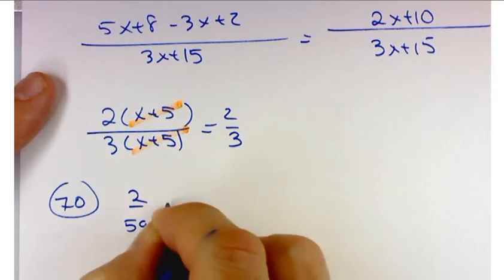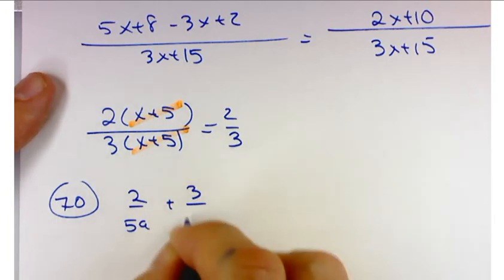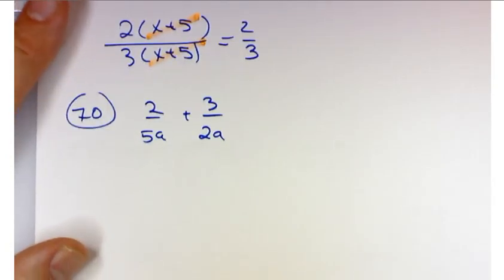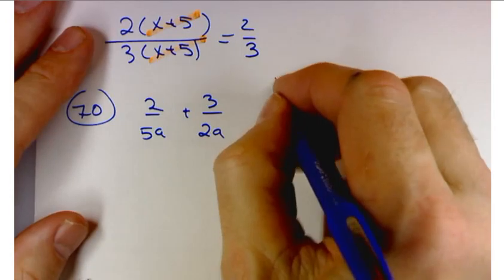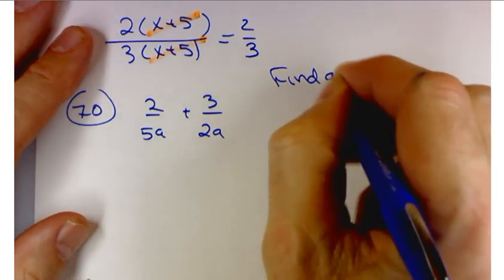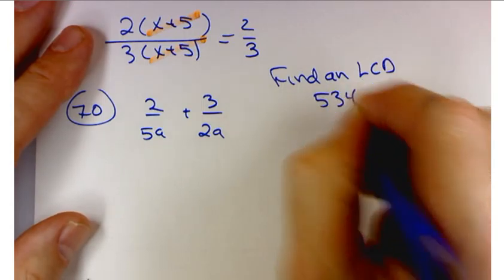Two over 5a plus 3 over 2a. Now, if you need some help finding a common denominator and practicing that, you can look back on page 534, finding an LCD.